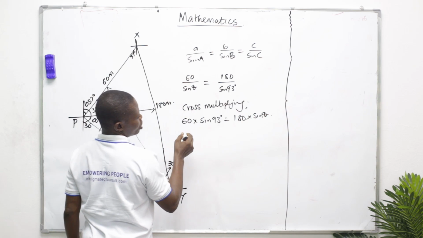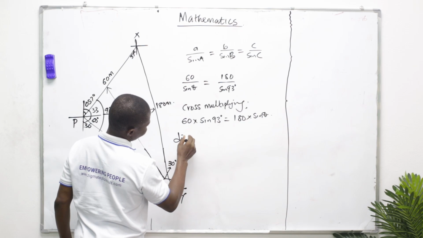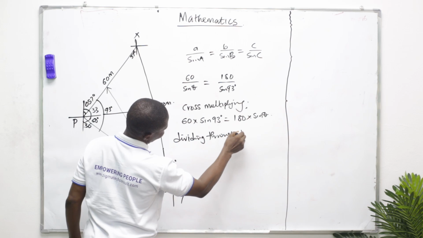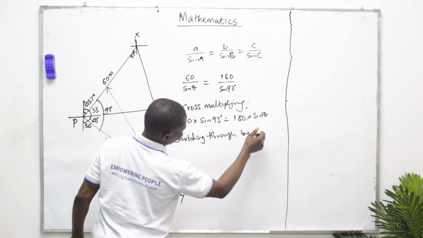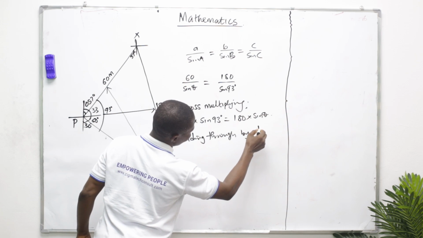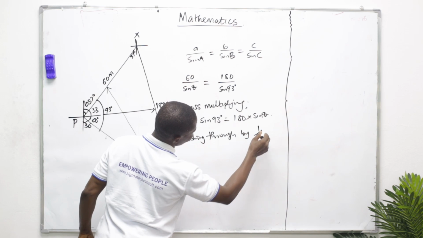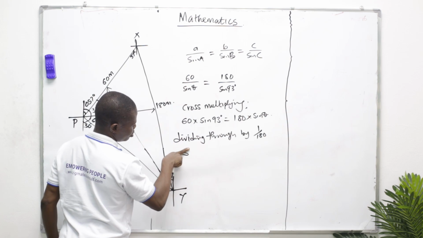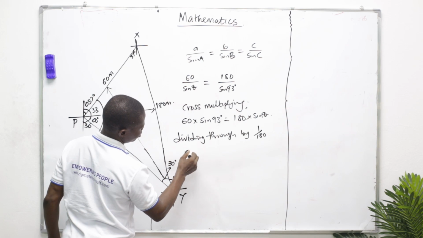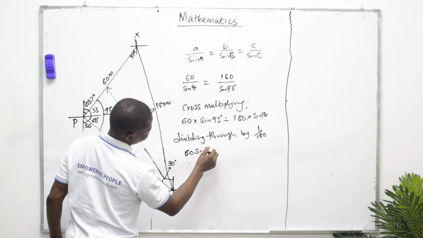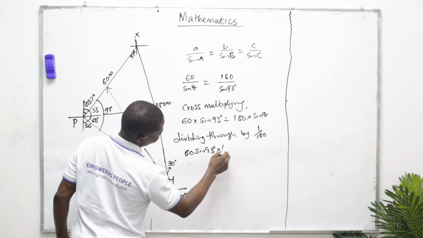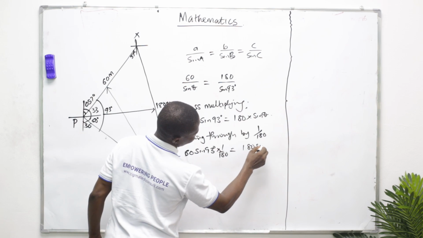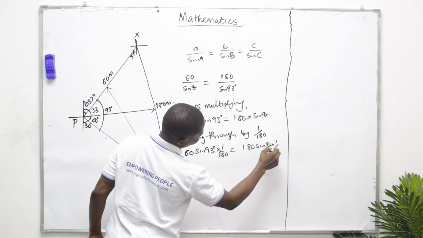So, dividing through by 1 over 180, we have 60 sin 93 degrees multiplied by 1 over 180 equals 180 sin theta multiplied by 1 over 180.